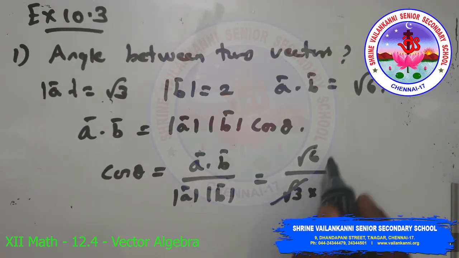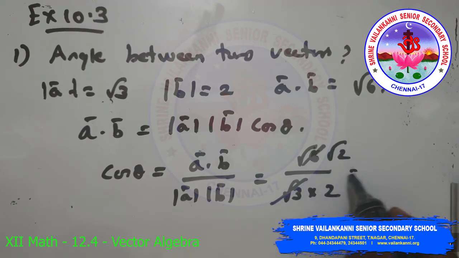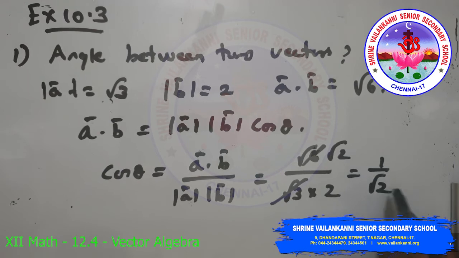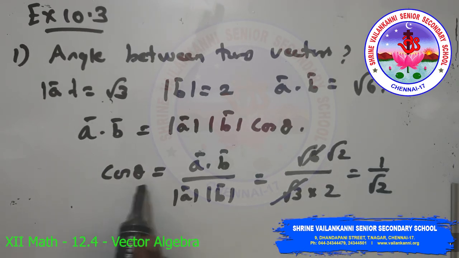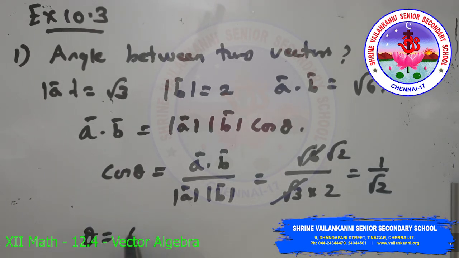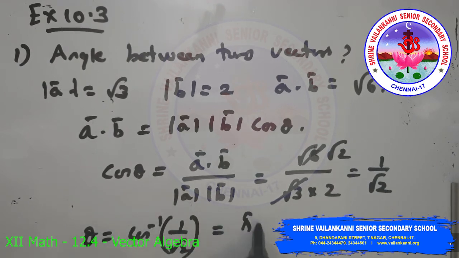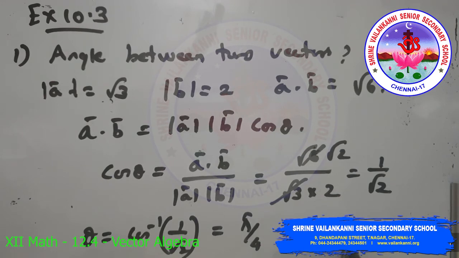Cancelling root 2, it is equal to 1 by root 2. So cos theta equal to 1 by root 2, then theta equal to cos inverse of 1 by root 2, which is pi by 4. So theta equal to pi by 4.